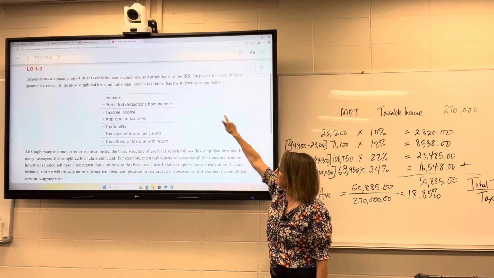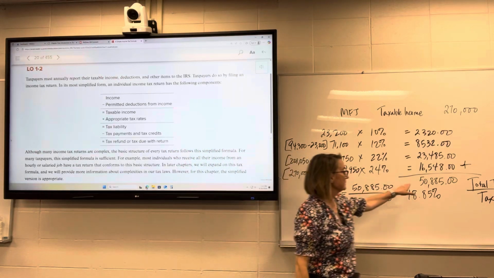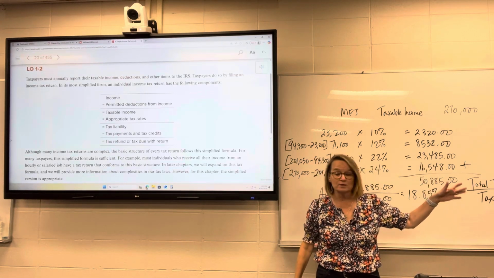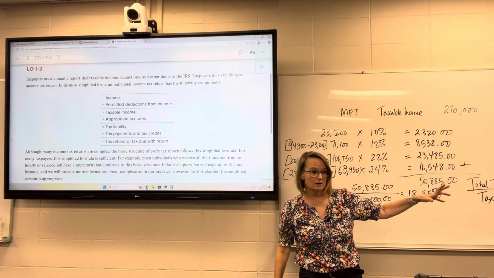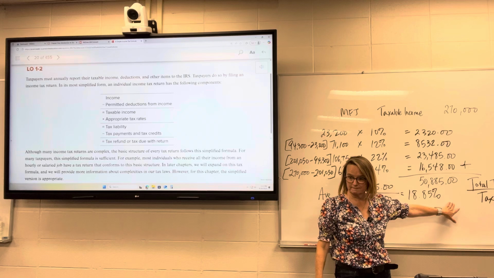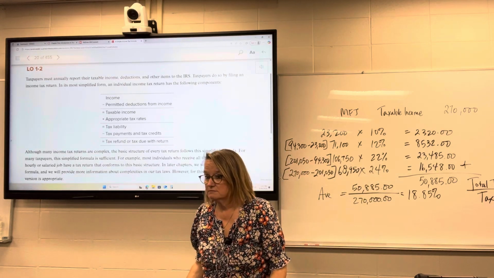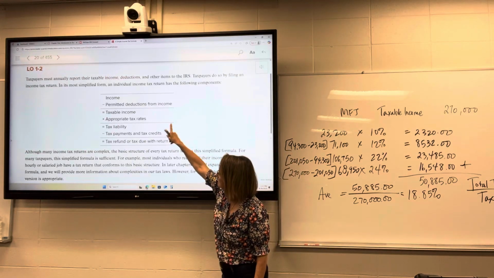So with the deductions, we're going to do that before we figure out what our tax liability is. But for credits, in Chapter 10, we're going to go into detail with what credits there are. Credits are going to directly reduce our tax. Okay? So they act like prepayments. It's as though you made a payment. And so that's going to reduce our tax liability.